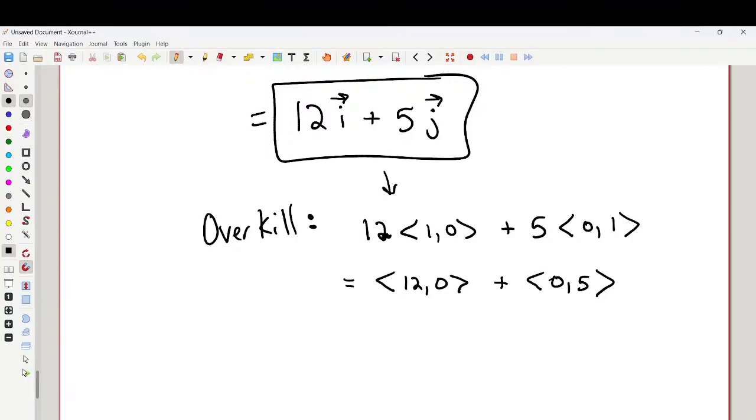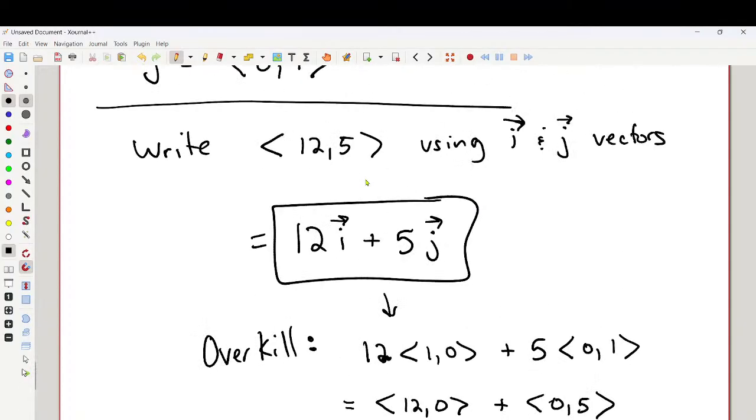Scalar multiplication: k times your x and your y is kx, ky. 5 times x, 5 times y. And then how do we add two vectors? You add their horizontal parts and their vertical parts. So yeah, it's kind of like checking my work. That's why I say overkill. This is written as that using i and j vectors.